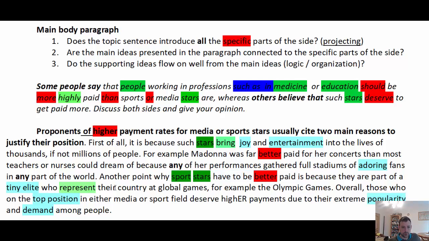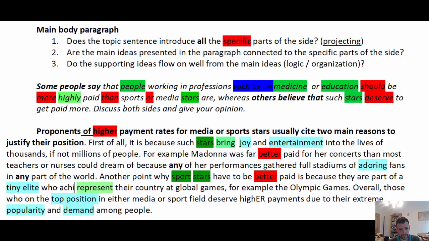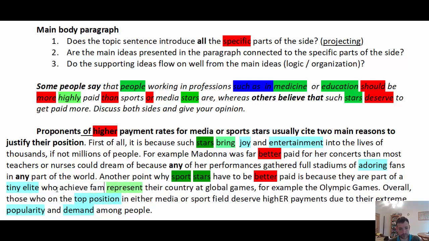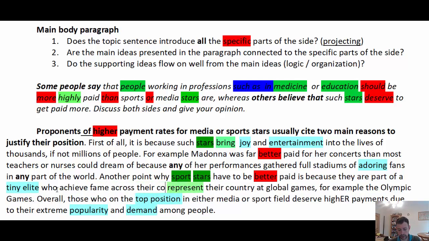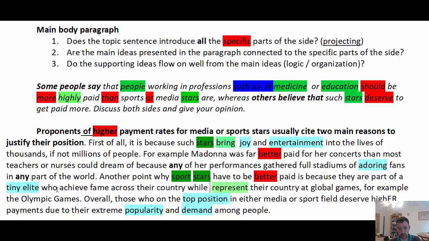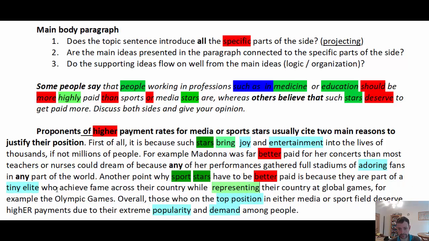Tiny elite who represent the, so who achieve fame across their country while representing it.